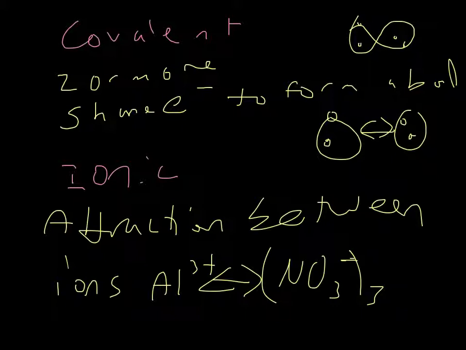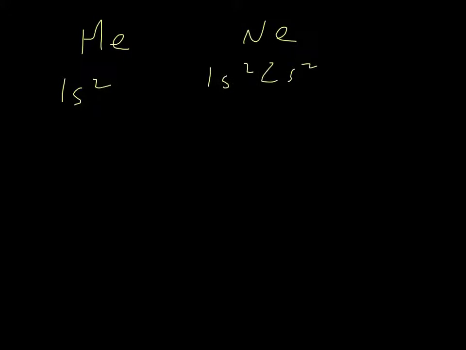The next thing your book talks about is the S and P orbitals, or the electron configurations of noble gases. I'm not going to go too much into this because I went over this already. So this is like helium, for example. This is 1s2. Neon is 1s2, 2s2, 2p6.